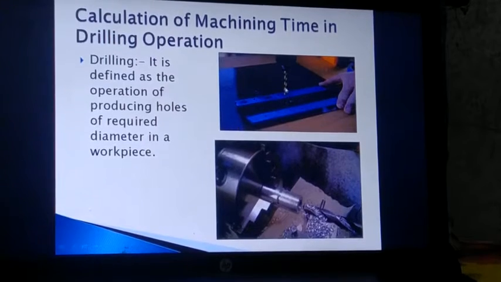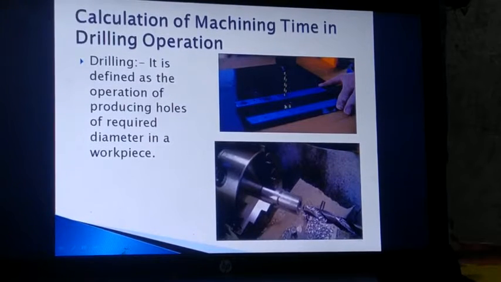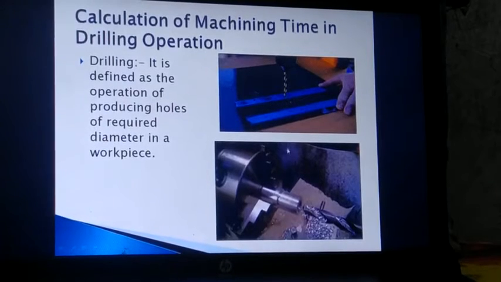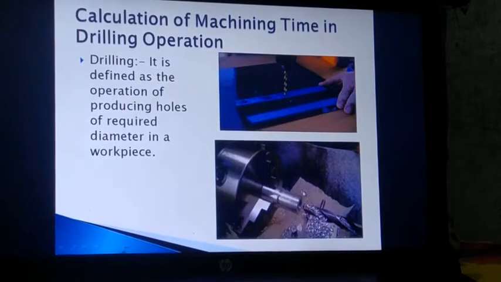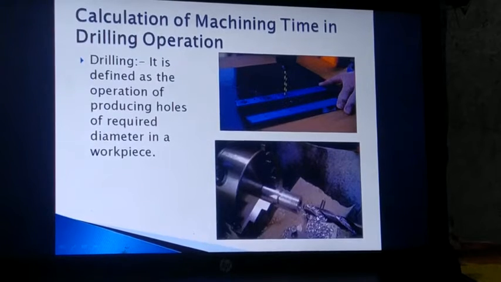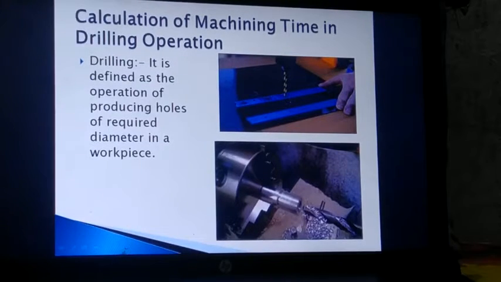With the help of a drill we are producing holes on a drilling machine, and the second figure shows the drilling operation on a lathe machine. The job is held in a three-jaw chuck and the tool, which is known as a drill, is held in the tool post. So in this way we can do drilling operations by two methods.